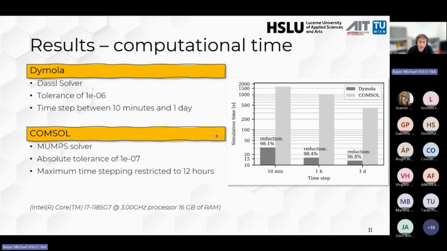In COMSOL Multiphysics, there is a direct, fully coupled approach with adaptive mesh refinement and the MUMPS solver. In Modelica, we used the Dassl solver, and we ranged time steps between 10 minutes and 1 day. For both comparisons, we used the same machine, and we were able to reduce the simulation time by up to 98%.